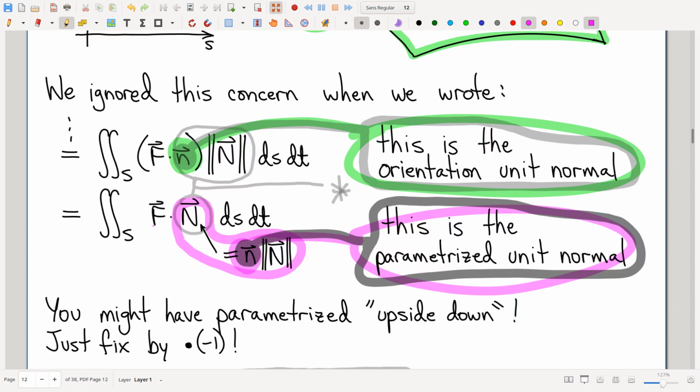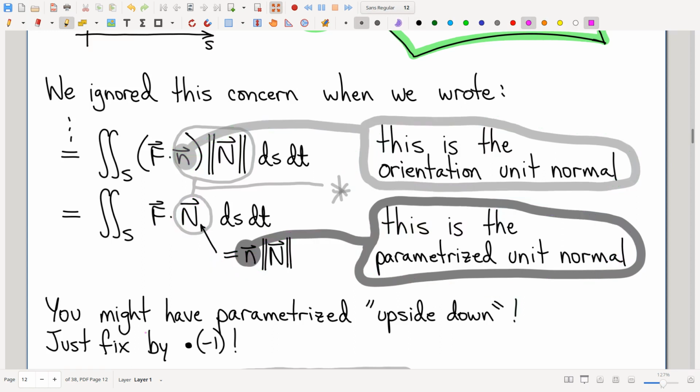So when I claimed that these two things were equal, effectively I was claiming that the orientation unit normal and the parameterized unit normal are the same. And I had no basis for making such a claim. Right? I was sweeping this coin flip potential for being wrong. I was sweeping that entirely under the rug. Everybody see what the problem is? Okay. So it's a nasty little issue.